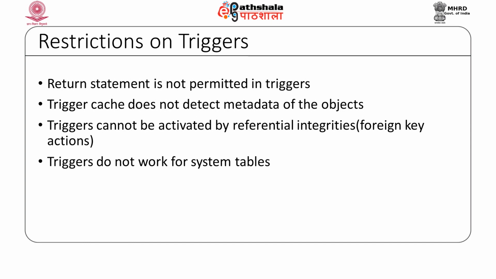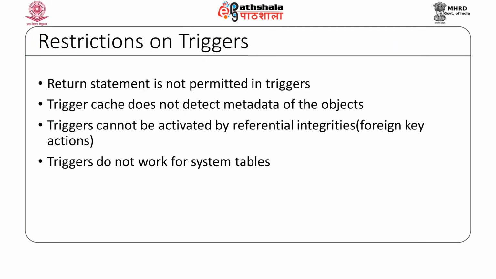First, the return statement is not permitted in triggers. Like you use return in functions, you use return for certain calling programs, the return statement is not permitted in triggers. One of the important points, trigger cache does not detect metadata. So, if I am making use of the metadata of certain system generated columns, I cannot make use of triggers for such purposes.